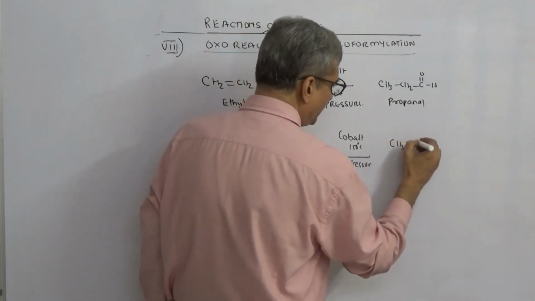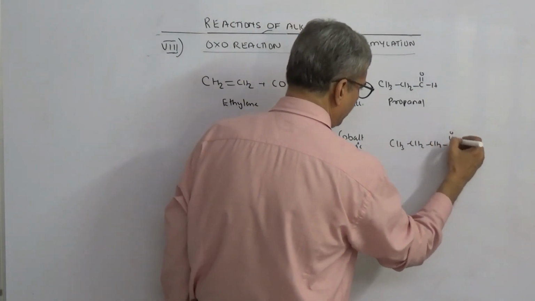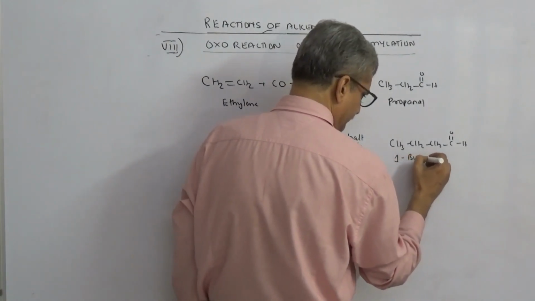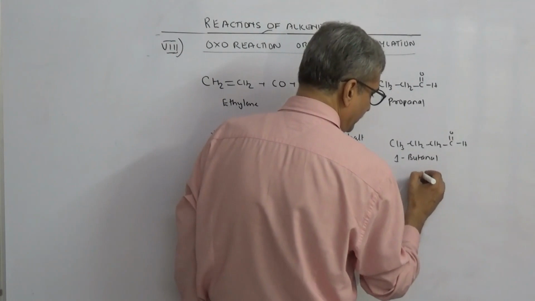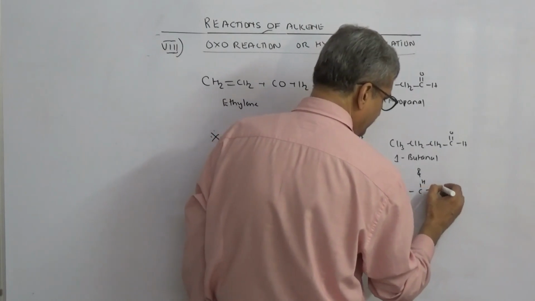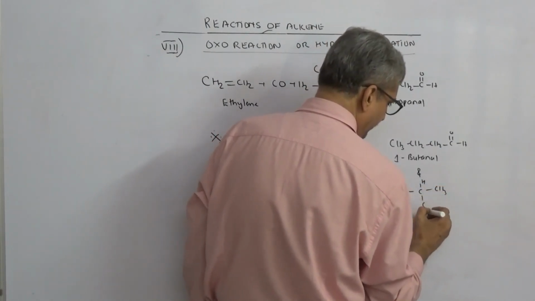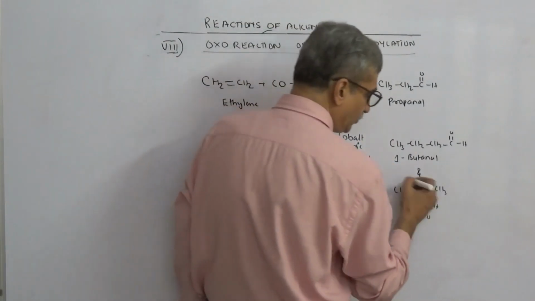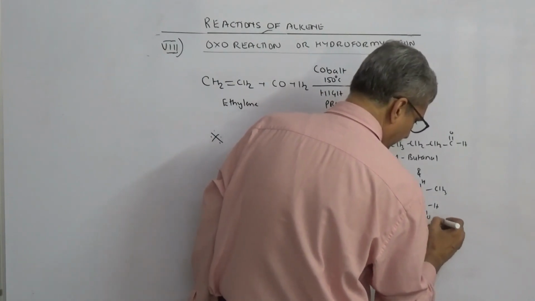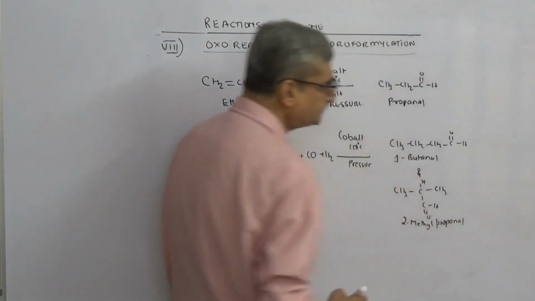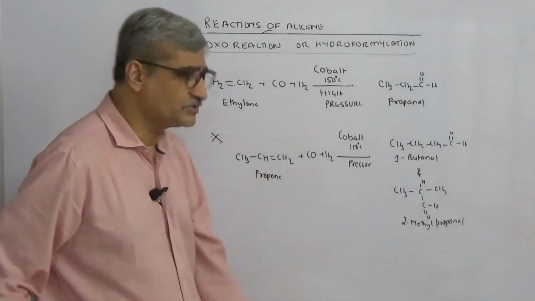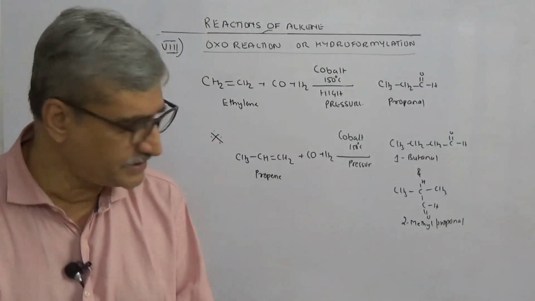You get CH3CH2CH2CHO, which is 1-butanal, and you will also get a mixture with isobutyraldehyde, that is CH3CH(CH3)CHO, which is 2-methyl propanal. So this is a very important reaction. If you see the JEE paper, many times they have asked this oxo reaction, that is hydroformylation.